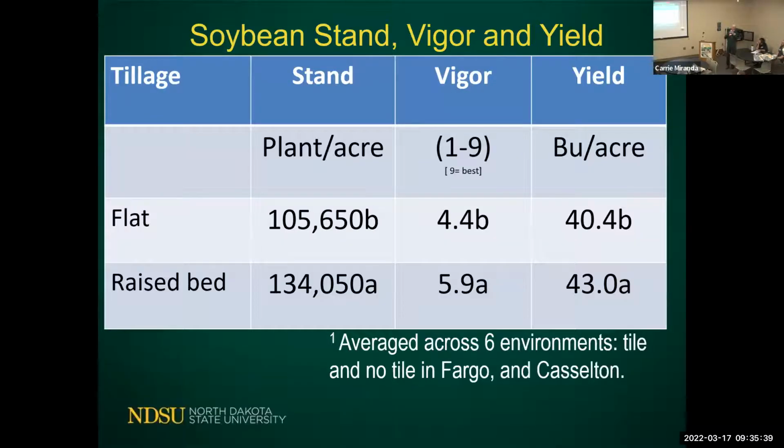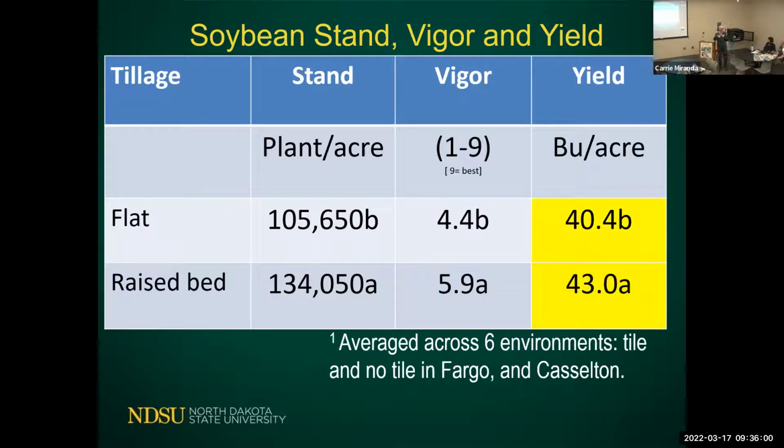So I'm just only giving the highlights today of several topics. So here a table comparing the yields and the plant population. So flat, as I showed in the picture, we had a reduced established population versus the raised bed. That one then resulted into a higher yield.